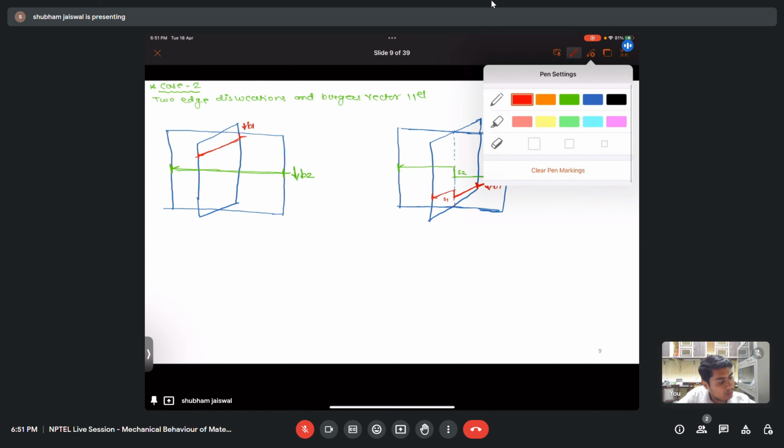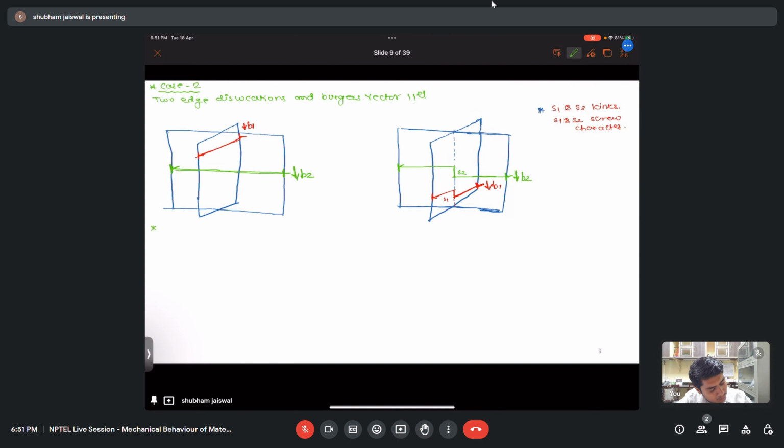The third case that we have seen was the one edge dislocation and one screw dislocation. So let me draw the figure first.